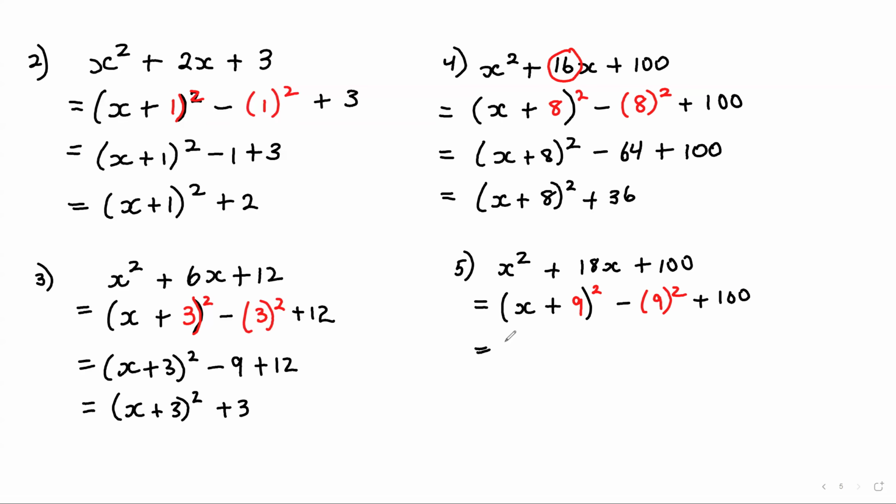And then after that, miss, it will be the same thing. 9 squared would be 81. And then minus 81 plus 100 would be 19.